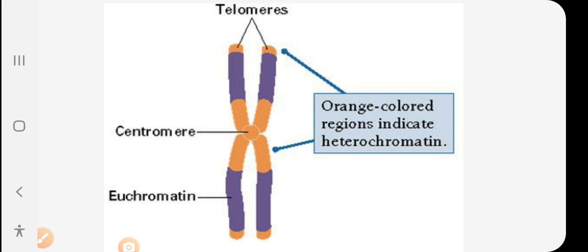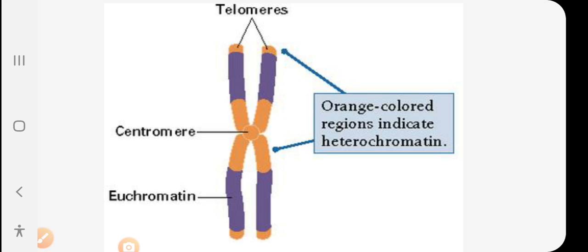Based on this character, telomerase has significance in cancer. Cancer is nothing but uncontrolled, highly repetitive division of cells. If we exploit the characteristic of telomerase, we can easily cure cancer.